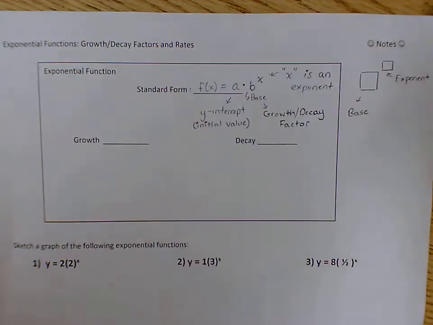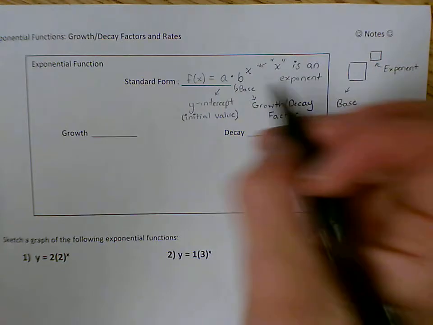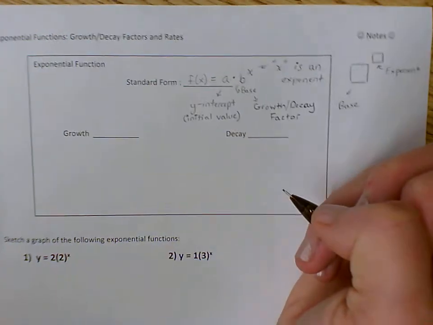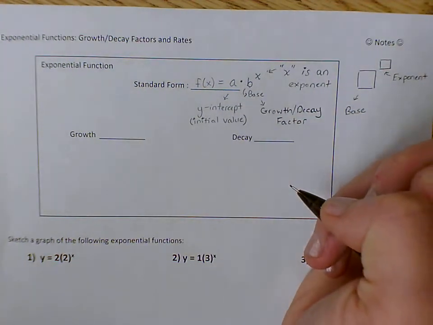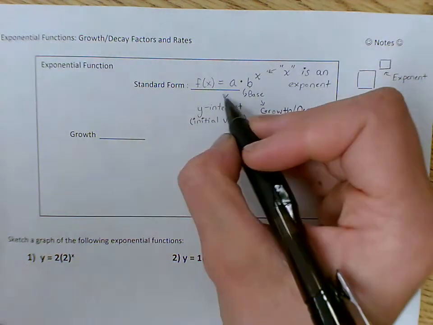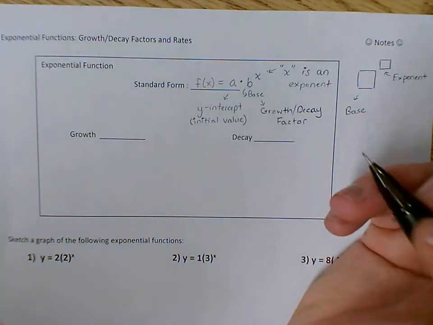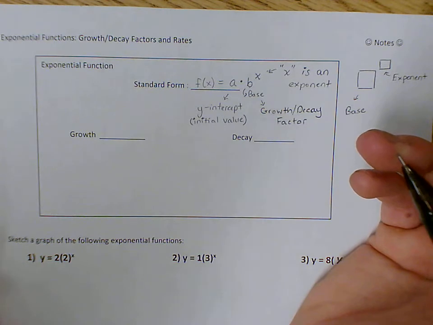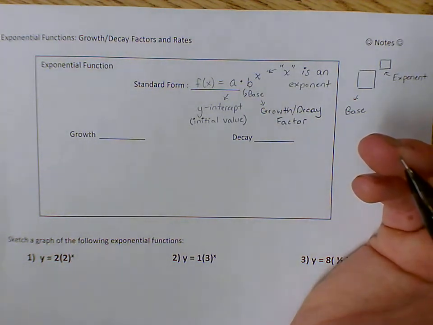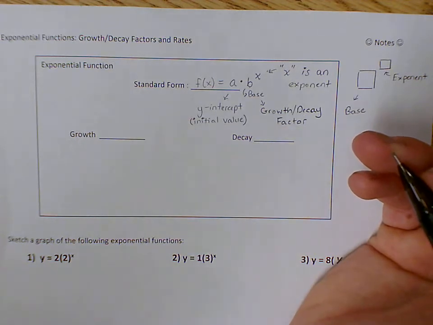So let's say that it started out with 3 people, and then the population is doubling every month. Well, then after 1 month, you started out with 3 people, so if it's doubling after 1 month, then that means there would be twice as many people. So 3 times 2, that would be 6 people.